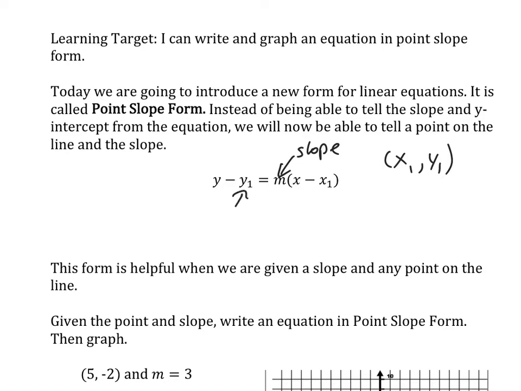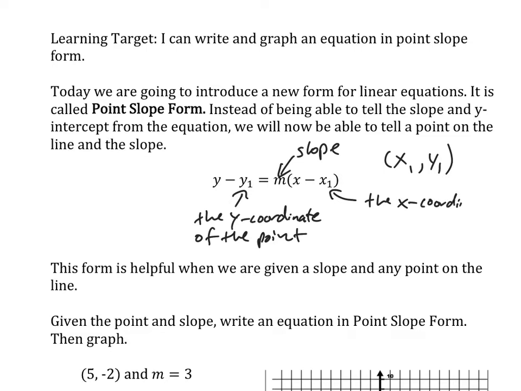So this is the y coordinate of the point that the line passes through, and then this one is going to be the x coordinate of the point that the line passes through.